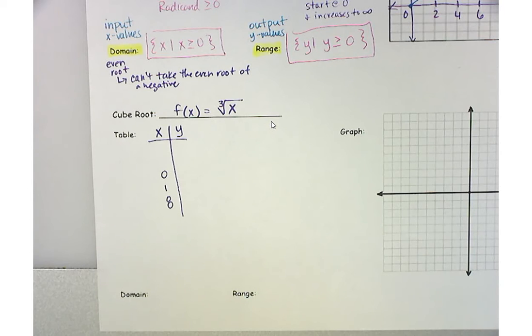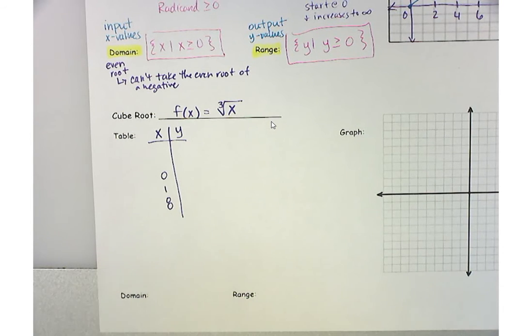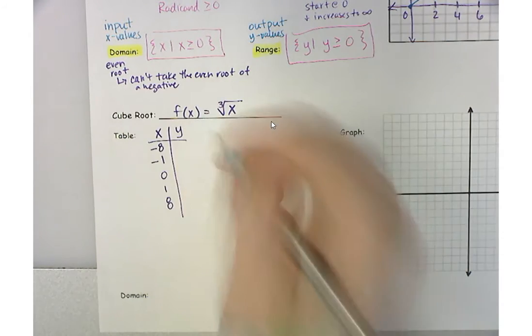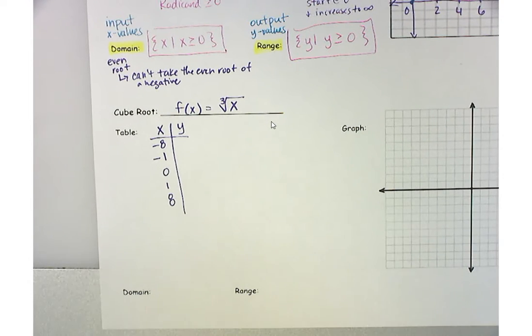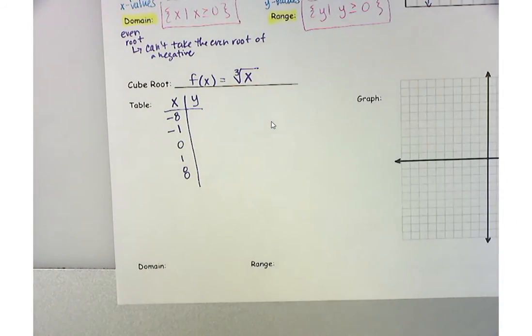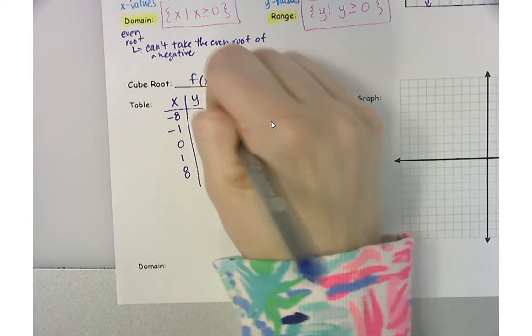And remember, if you have an odd root, you can take the odd root of a negative. When we're filling in our chart, you're taking the cube root of -8, which is -2, and the cube root of -1, which is -1. That's where these values are coming from.